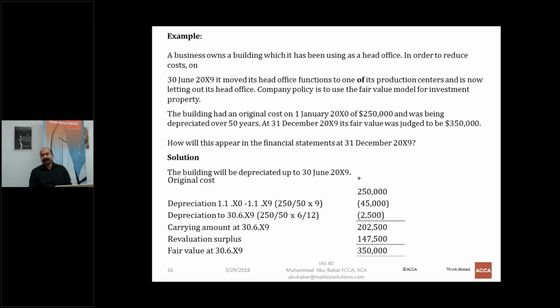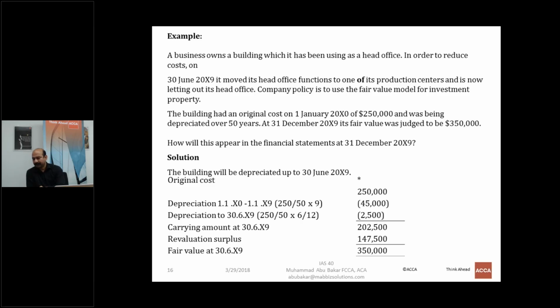Yes. If you have opted for the fair value model, and for any particular property it is not possible to determine it reliably, but there are some guidelines, I'll be narrating that as well. Then you can treat that investment property using the cost model, and for the remaining investment properties you can use the fair value model. Okay.